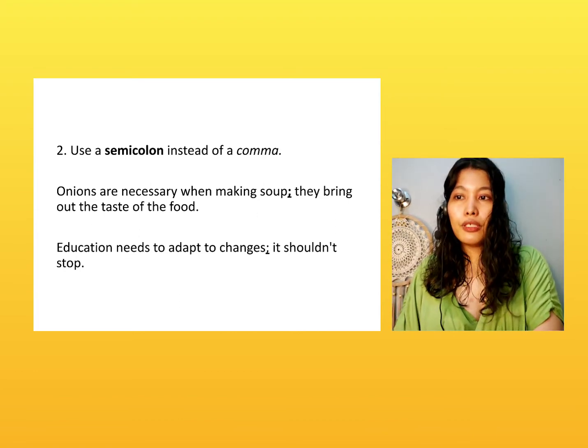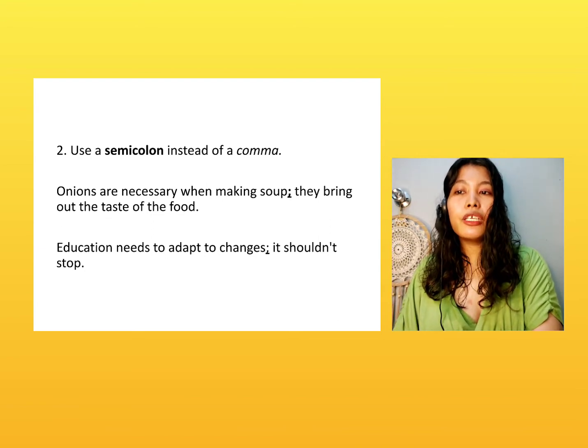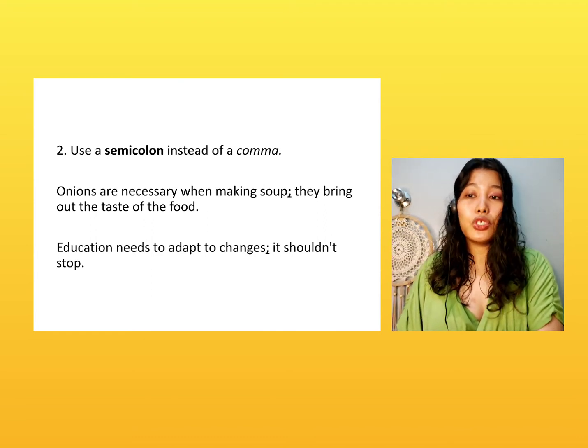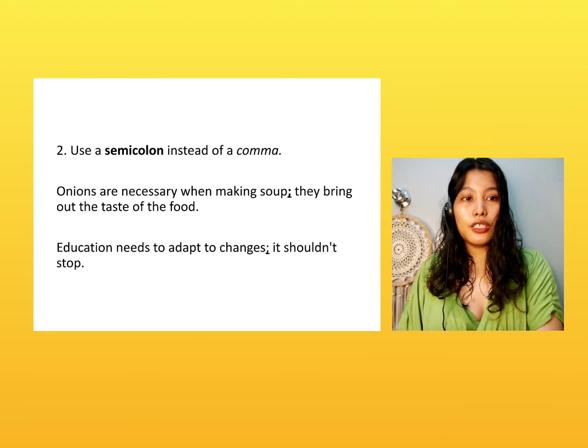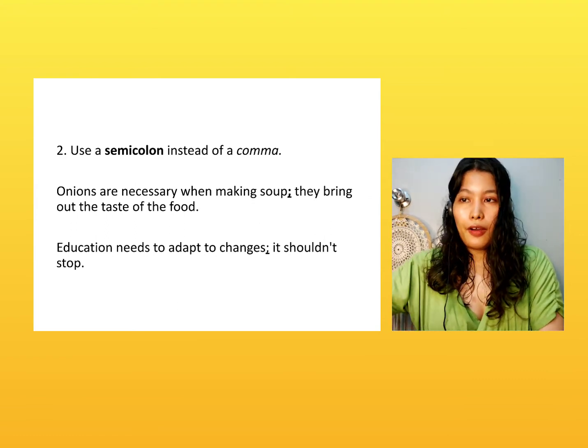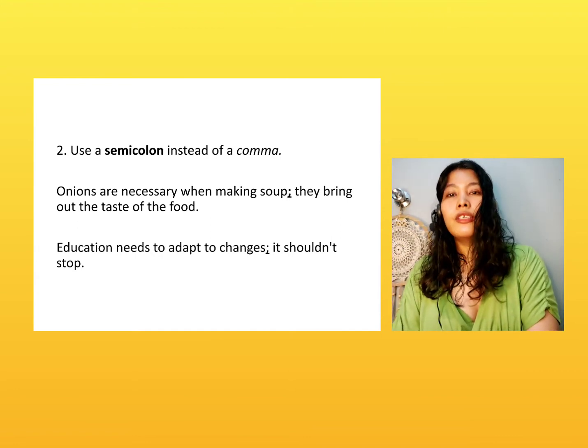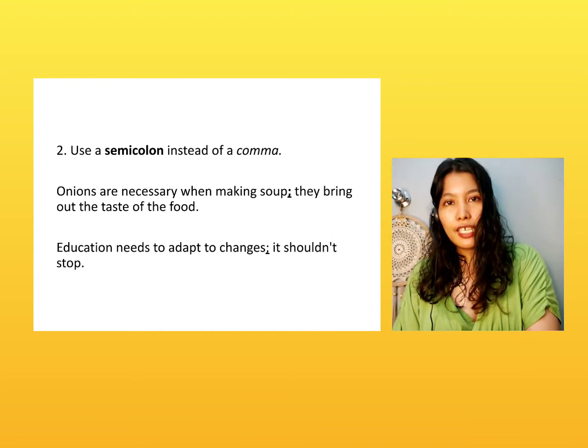So, here's an example. Onions are necessary in making soup, semicolon, they bring out the taste of the food. Then that's correct already. Education needs to adapt to changes, semicolon, it shouldn't stop. All right? So instead of a comma, you can use a semicolon. That's the second technique.